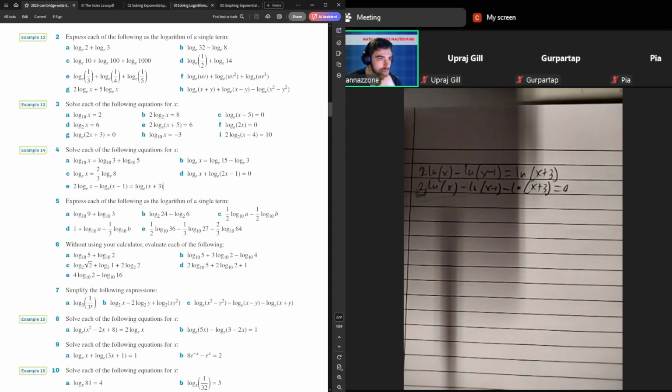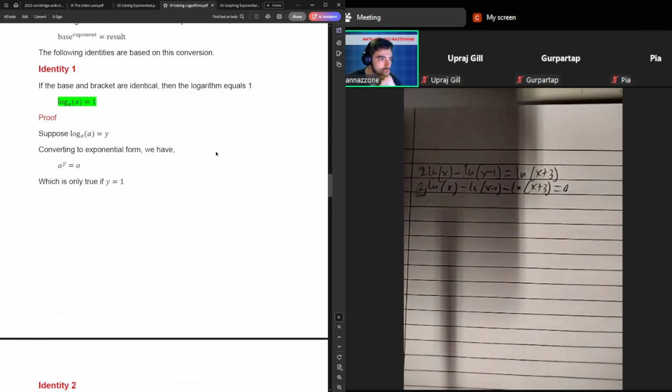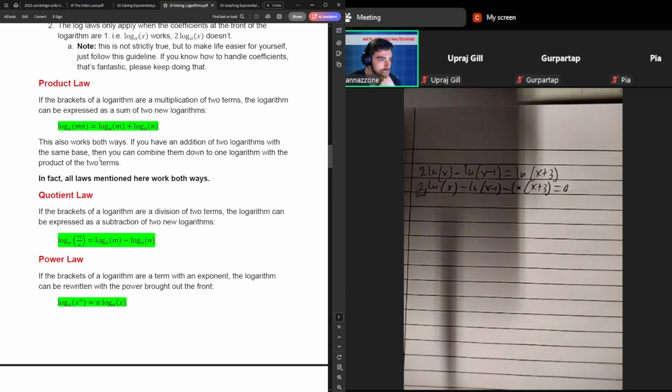Because one thing you'll notice now, if you point your direction to the screen share, is that every log law that I've shown, with the exception of the power law, technically, starts with a logarithm that has no coefficient on it.